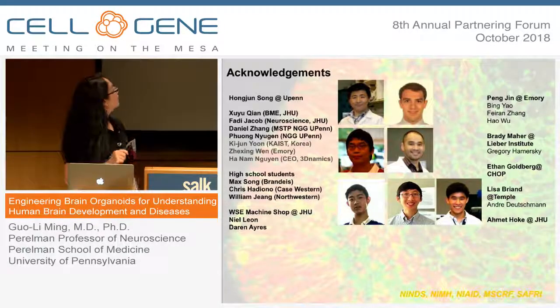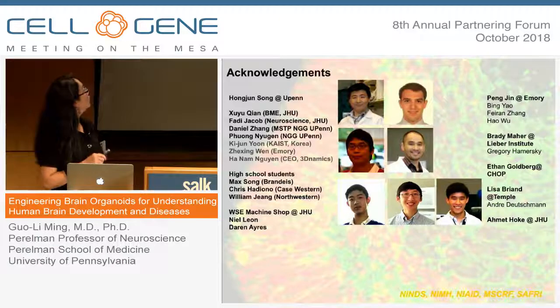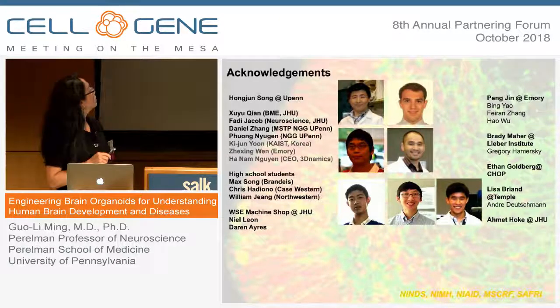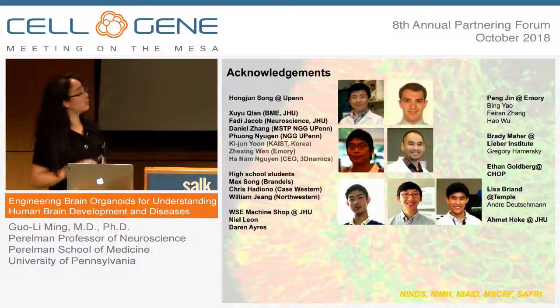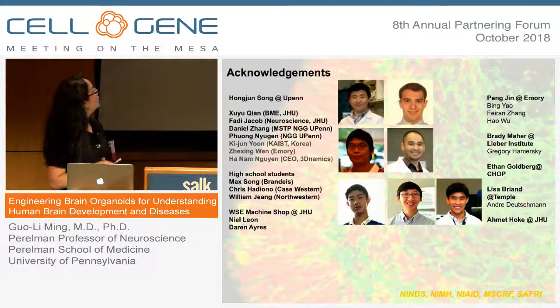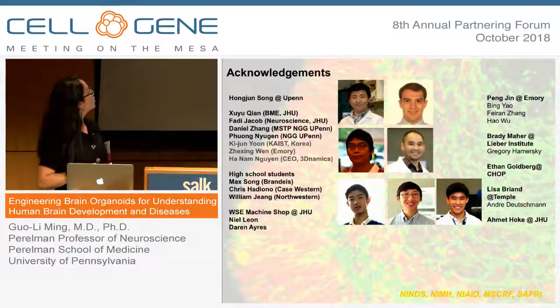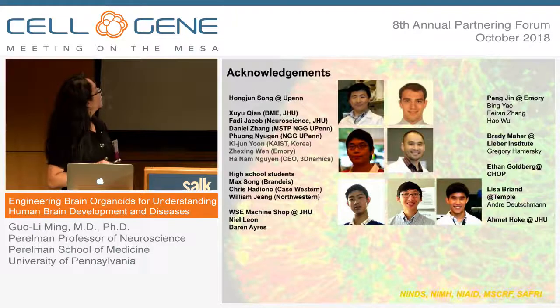Xu Yubei is a student from before I moved to Penn. He's still a JHU student. He's the driving force of this technology in the lab. And Fadi is also an MD PhD student involved in this project. And Ki-jung is now an assistant professor at KAIST.